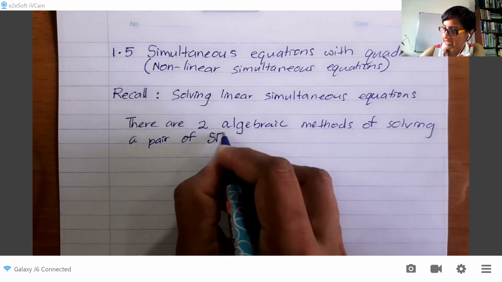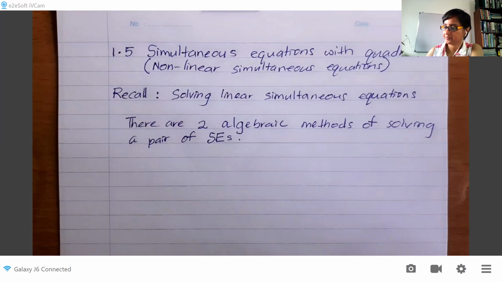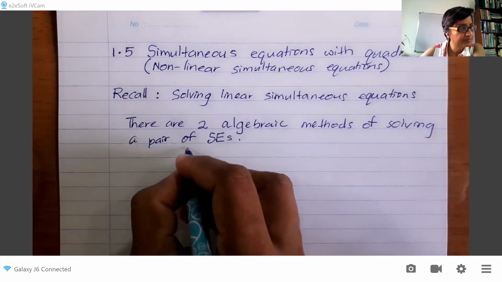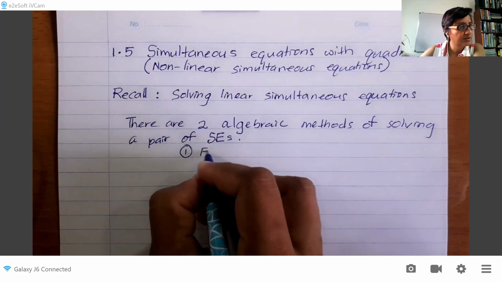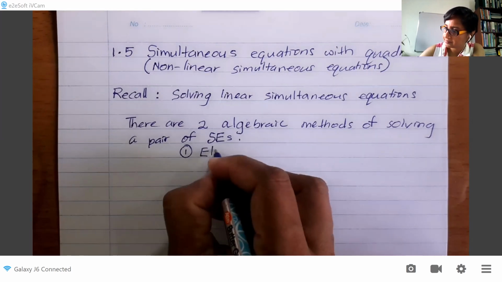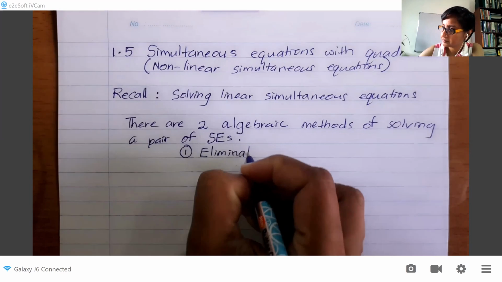Let me just write SEs, simultaneous equations. One, elimination method. Two, substitution method. And let's quickly take an example. Let's take a pair of simultaneous equations and solve the same pair using the two methods.